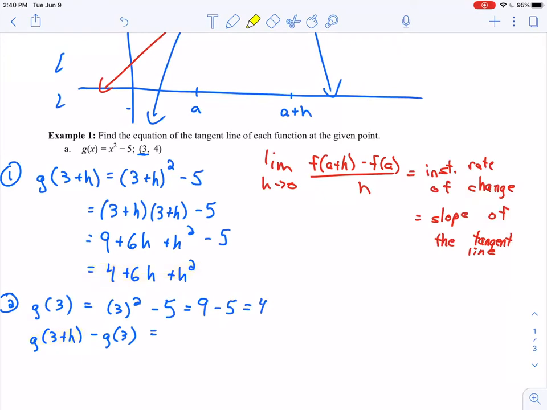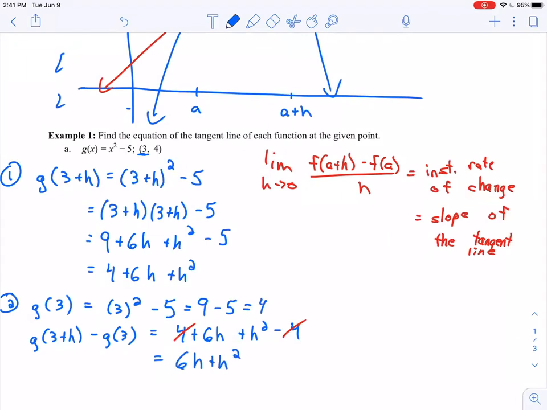So I'm going to start with that. So 4 plus 6h plus h squared minus g of 3, well, we just found that. That's 4. So okay, we'll plug that in next. So minus 4. And hopefully we look at this and say, hey, you know what? I've got 4 minus 4. Those two can cancel. So I'm left with simply just 6h plus h squared.